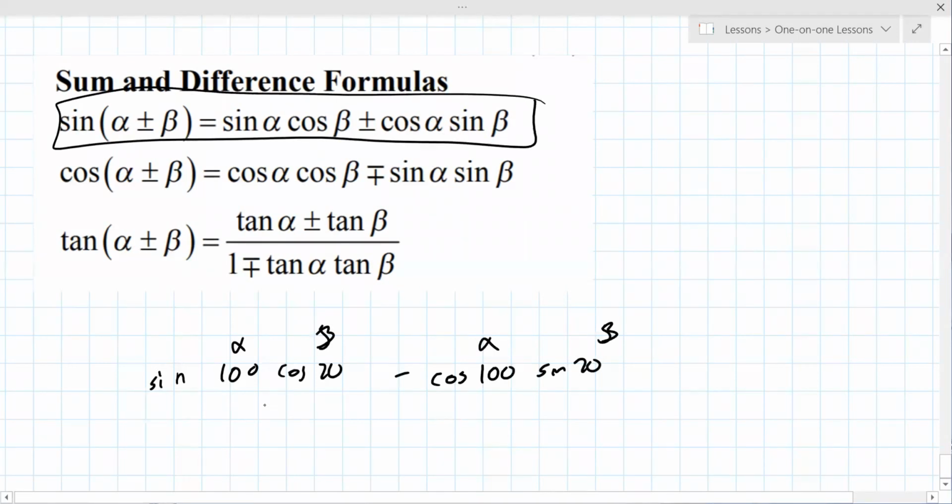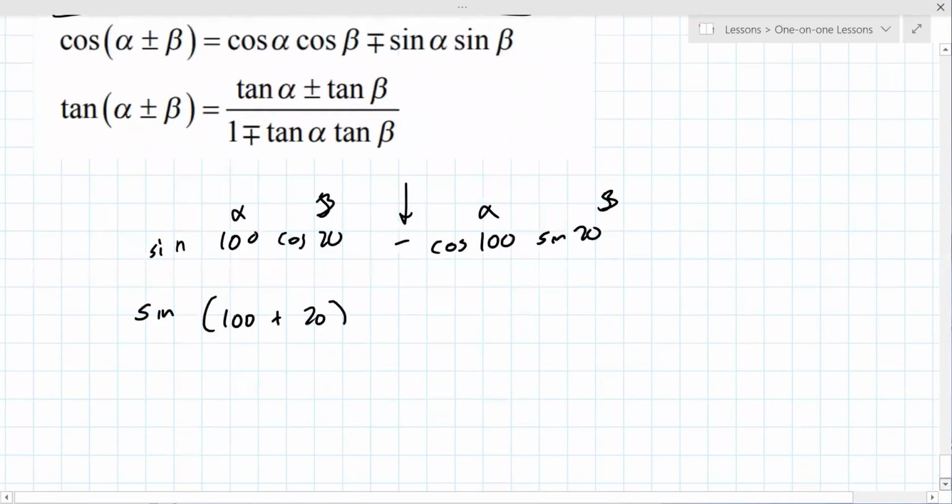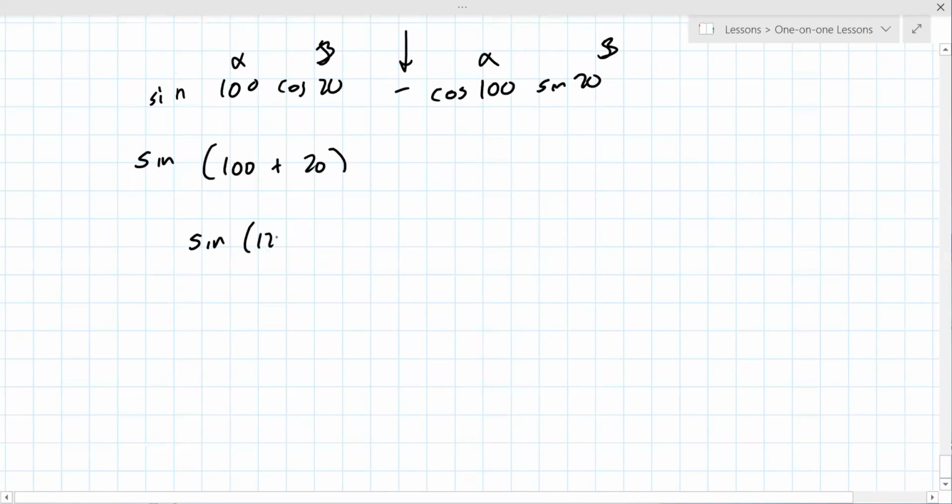Hopefully you see that. So because it's minus there, that minus goes with that minus there. So this becomes sine 100 plus 20, which is sine 120. That is in your unit circle. It's equal to the sine of 60. Wait, how does that work?